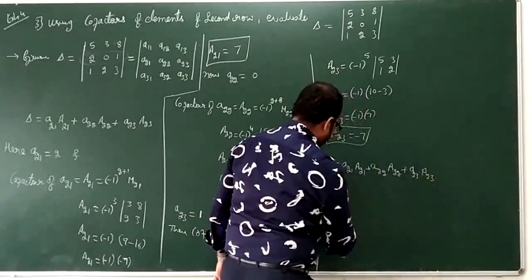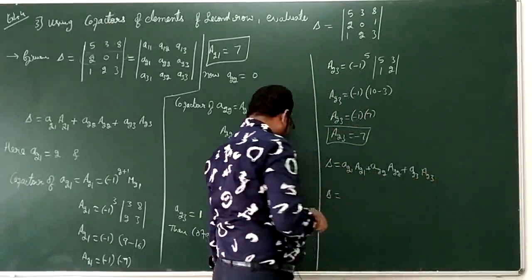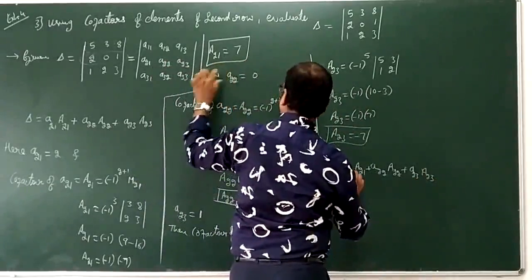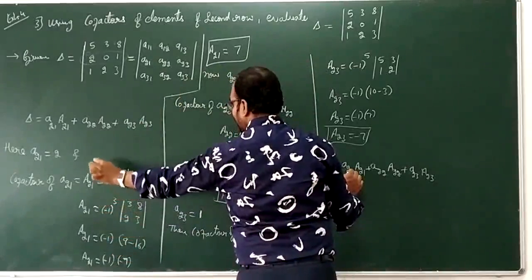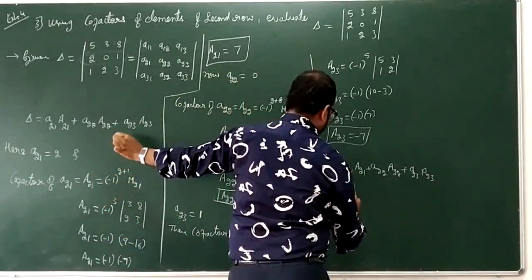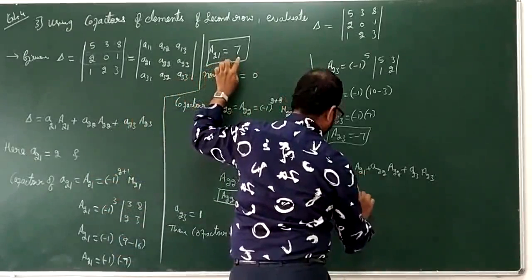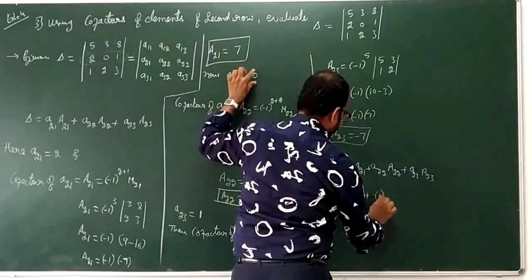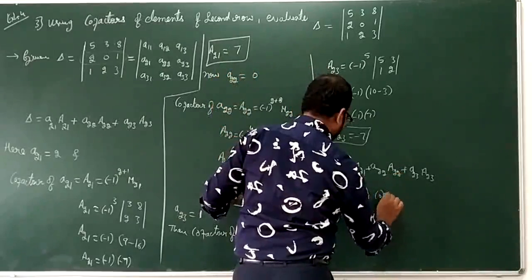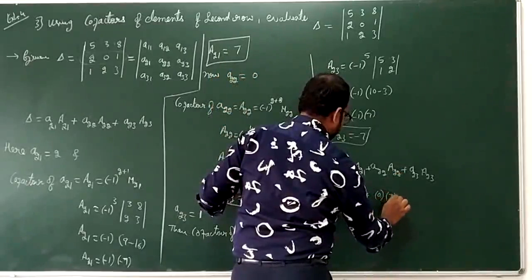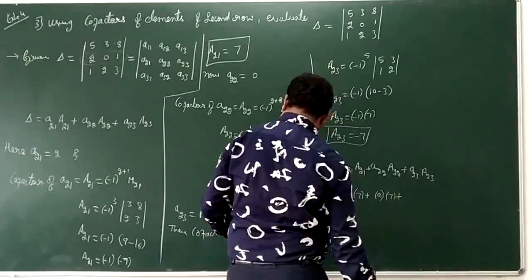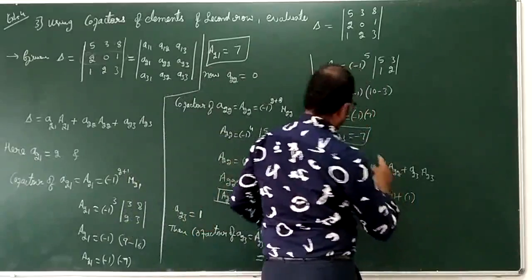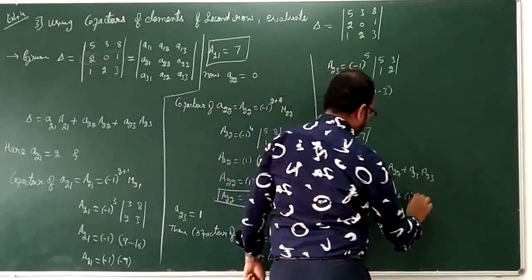Now delta is equal to the element A21 is 2 into cofactor of A21 is 7, plus the value of A22 is 0 into the cofactor of A22 is 7, plus the value of A23 is 1, the cofactor of A23 is minus 7.